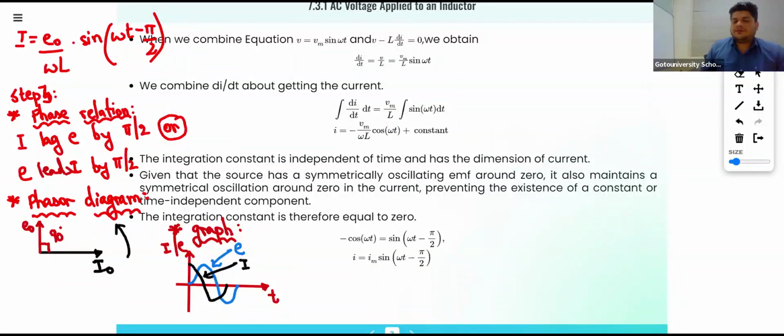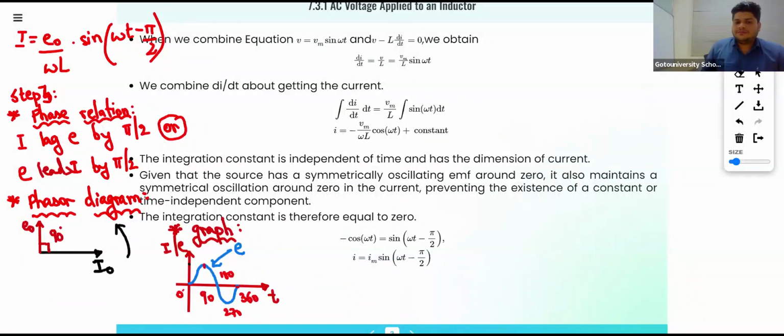It will lag, and lag means it will be like this. It will start after 90 degrees. Just understand: this is 0 degree, this is 90 degree, this is 180 degree, here we have 270 degree, and here we have 360 degree.